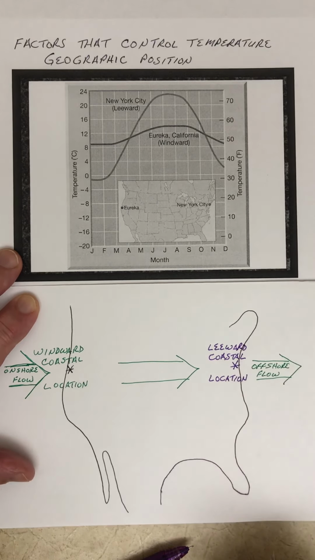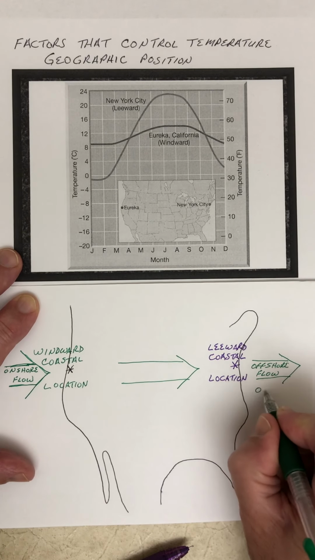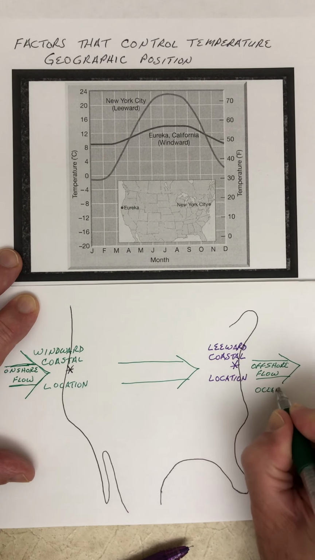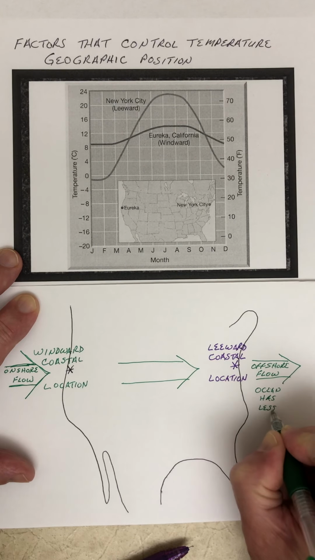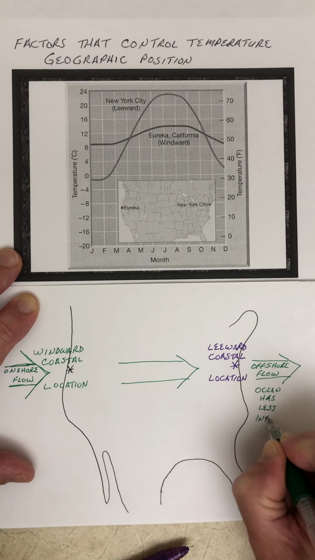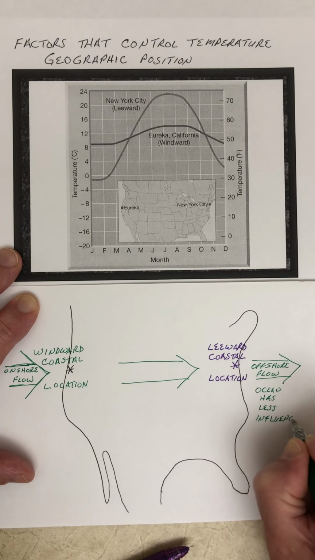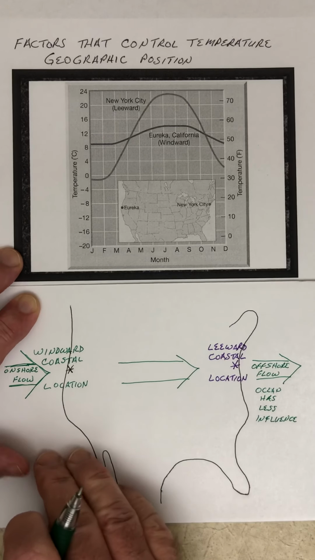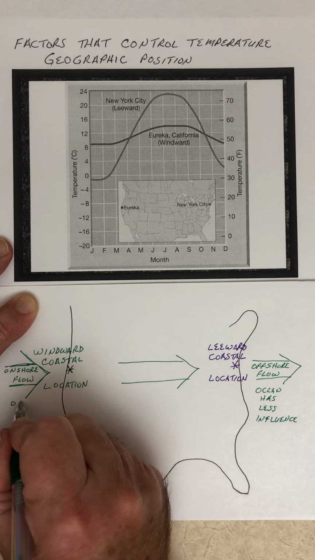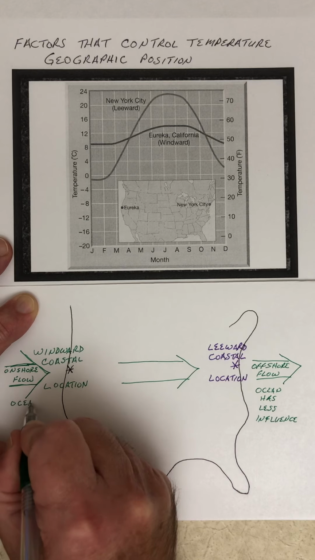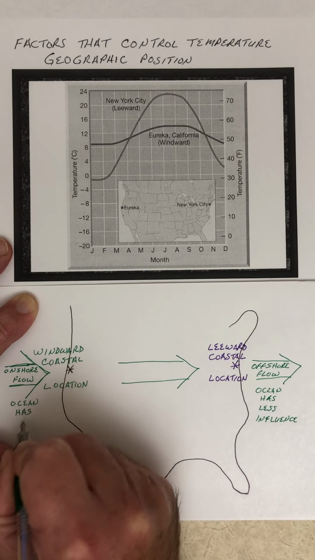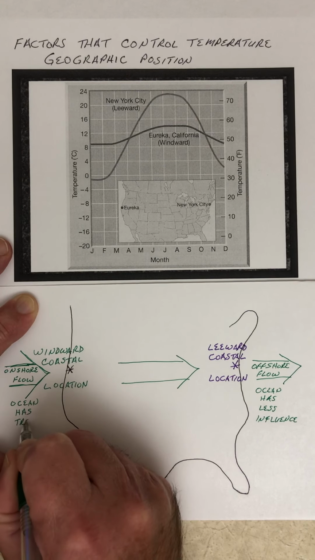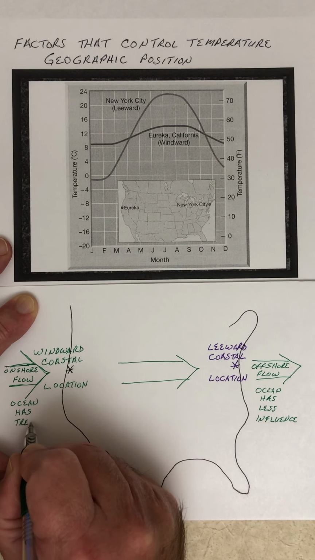So the ocean has less effect, less influence over these leeward coastal locations. And we'll make a similar note over here that on a windward coastal location, the ocean has tremendous influence over on this side of the continent.